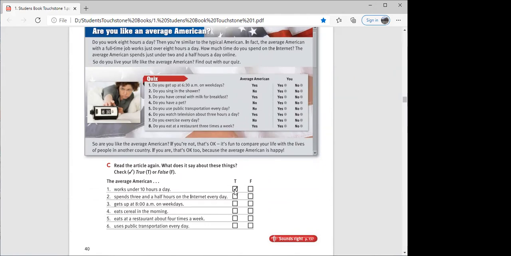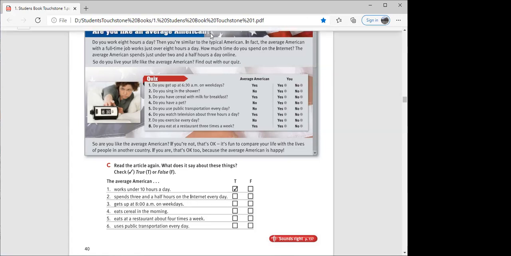It's already marked. Number 2, spends 3.5 hours on the internet every day. False. You're talking about the American. Es false porque es 2.5 hours.